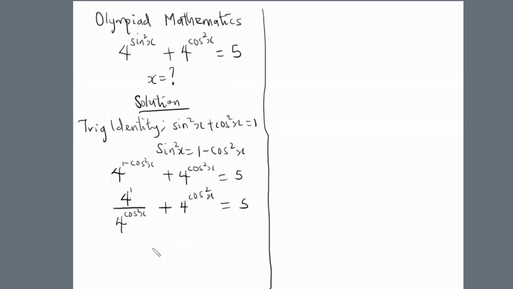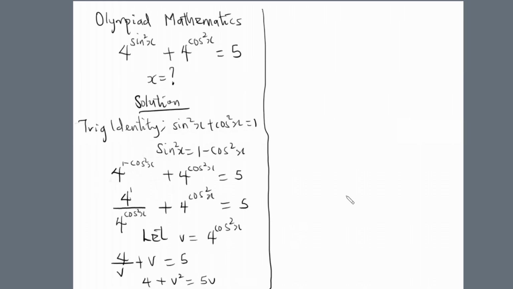Both terms have 4 to the power of cos square x, so let v be equal to 4 to the power of cos square x to make our work easier. Then that is 4 over v plus v equals 5. Multiply everything by v, and we have 4 plus v squared is equal to 5v.